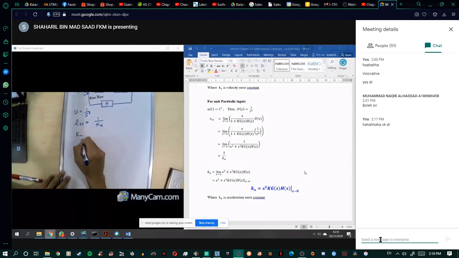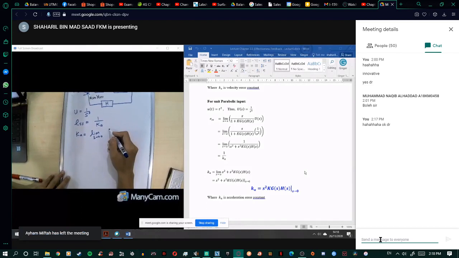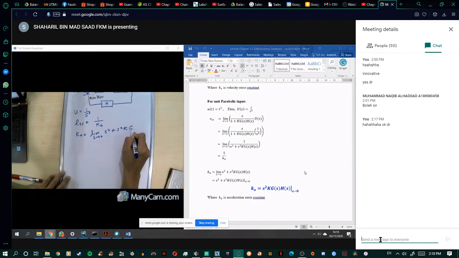So Ka is the limit s going to 0 of s squared plus s squared KGH.